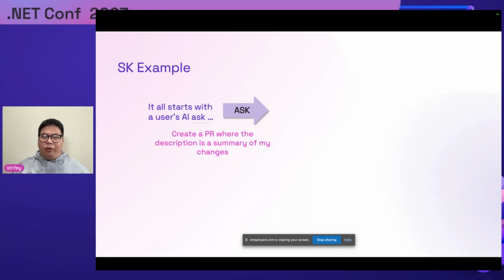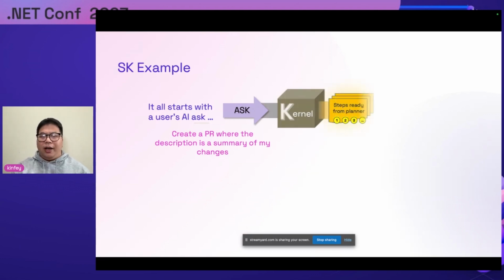If we want to use generative AI to help us finish something, you just need to give a command. Semantic Kernel will separate the command into steps, 1, 2, 3, 4.